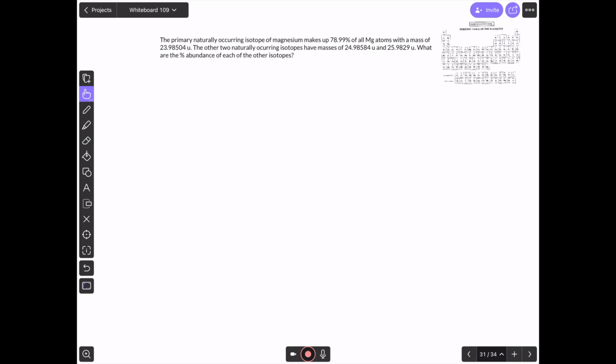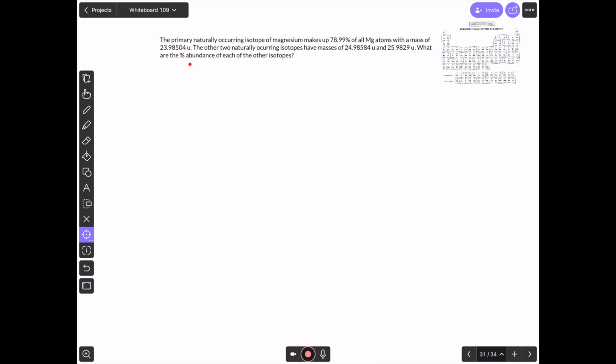Let's read the problem. It tells us that the primary naturally occurring isotope of magnesium makes up 78.99% of all magnesium atoms, and its mass is 23.98504 atomic mass units. The other two naturally occurring isotopes have masses of 24.98584 AMUs and 25.9829 AMUs.